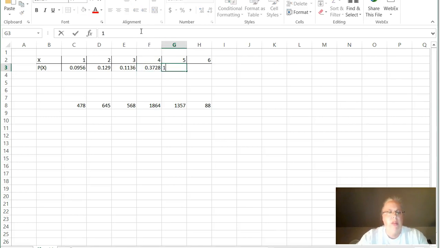And then we have 1,357 out of 5,000. And I forgot to put my equals in there again. And then finally, taking 6 classes, we have 88 out of the 5,000. There we go. And there is our probability distribution.